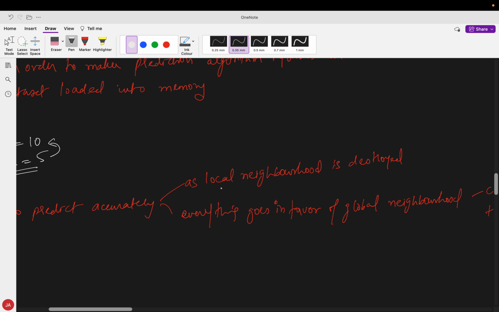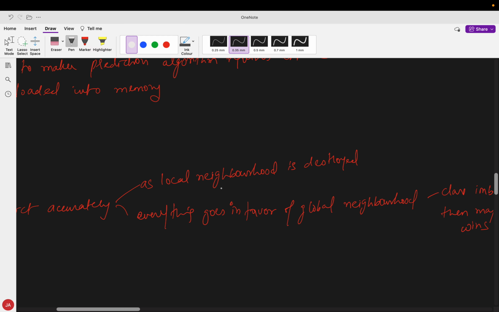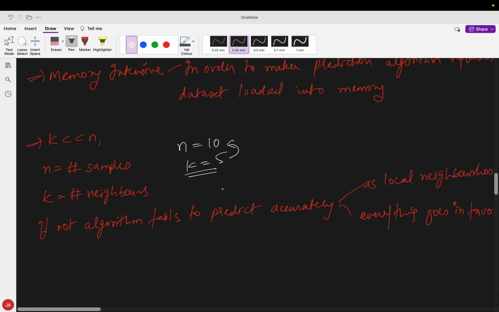There is no local proximity or anything happening, so everything goes to the global neighborhood. Class imbalance and majority class wins. So there should be a clear separation between k and the number of samples. The number of samples should be much higher than k.